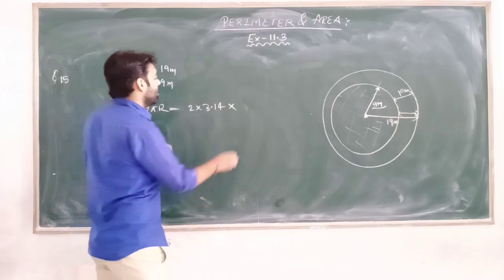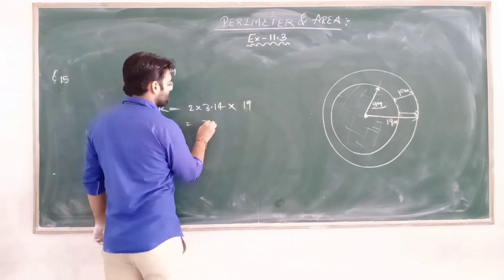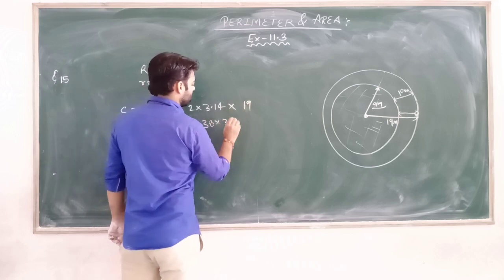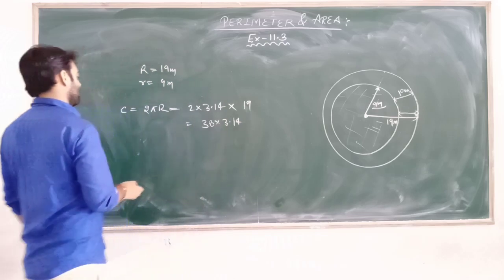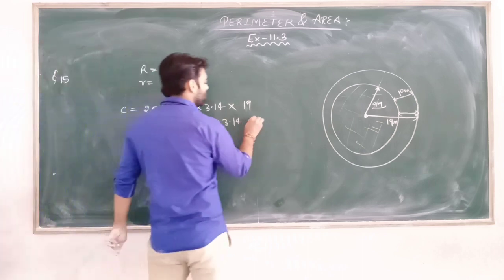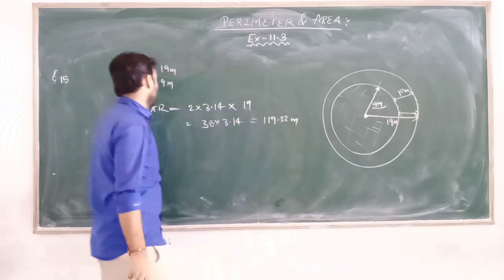The value of r will be 19. So the circumference of the bigger circle is 119.32 meter.